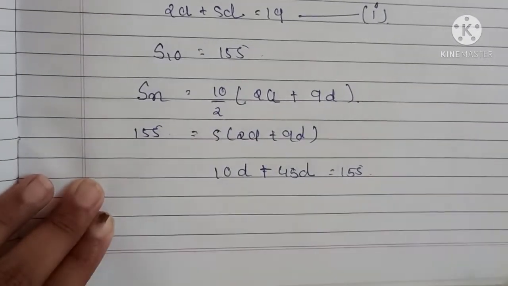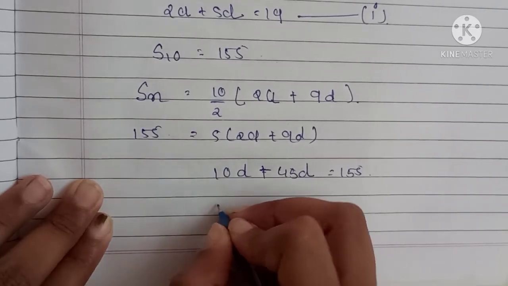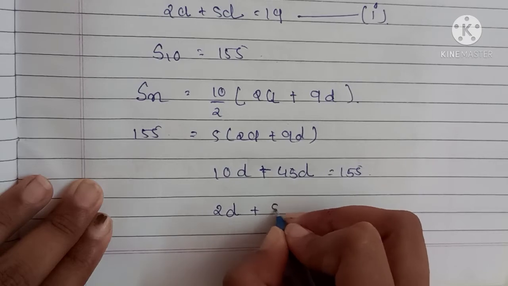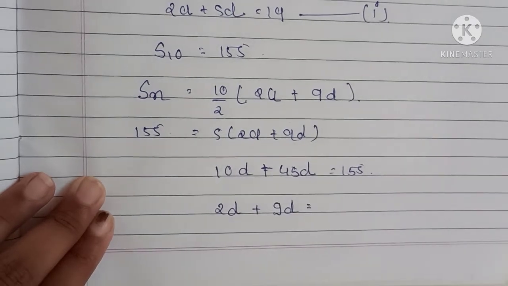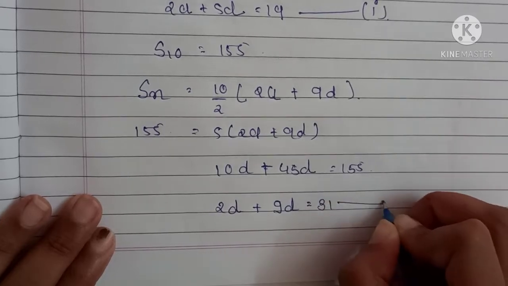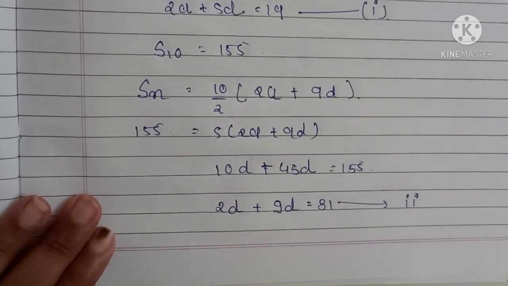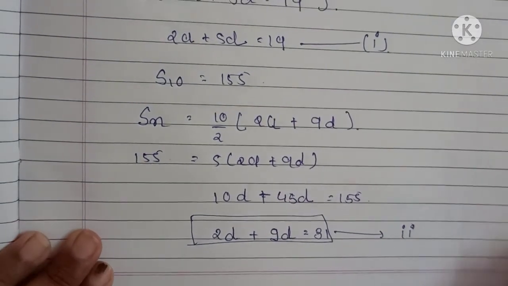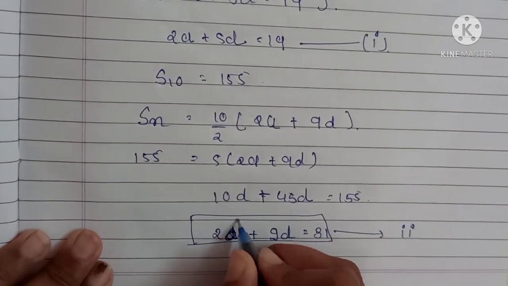Again out of this, 5 can be common. This is the second equation.